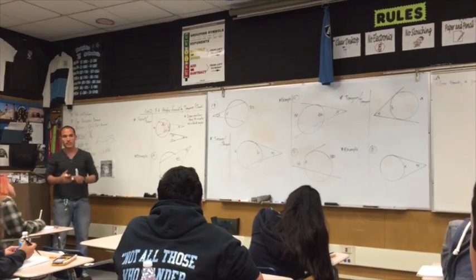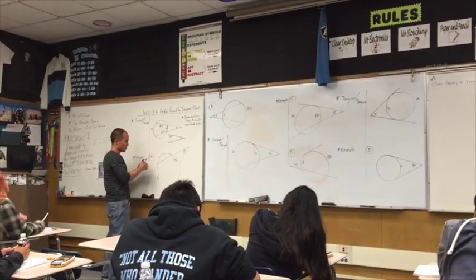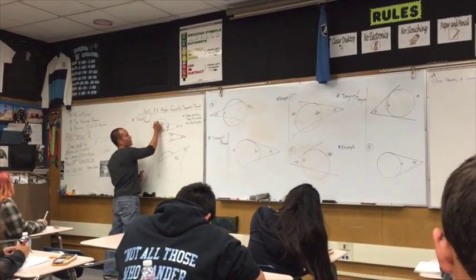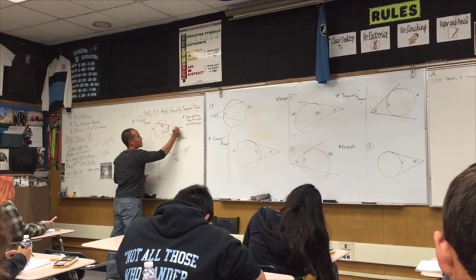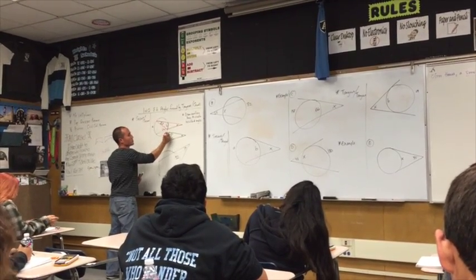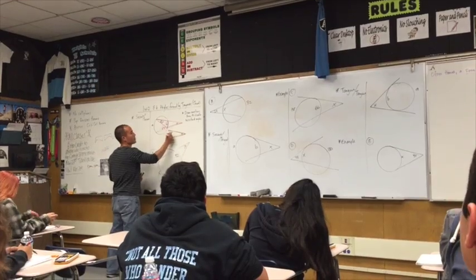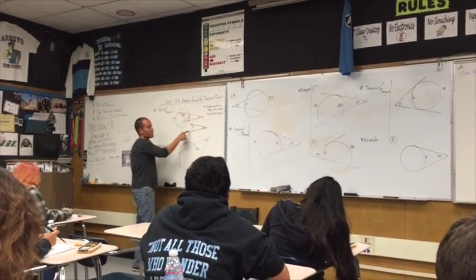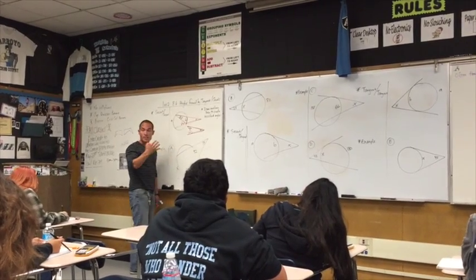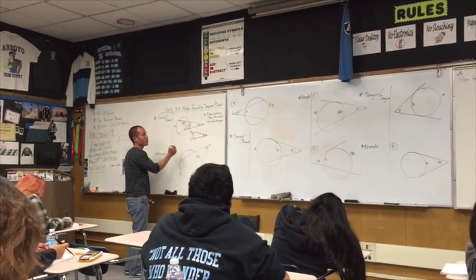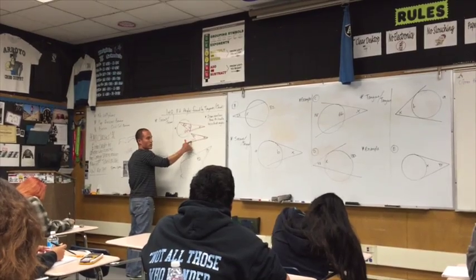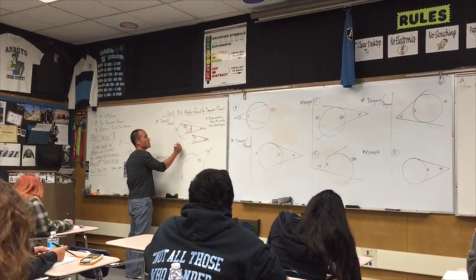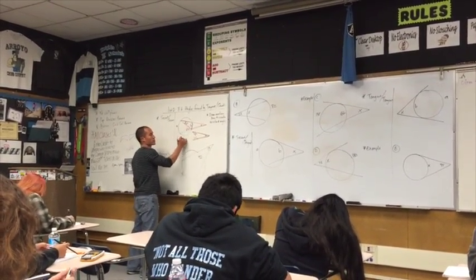I'm looking at this triangle right here. This is an exterior angle to this triangle. So if I use that theorem, then I can say that this angle, 1/2 of A, equals the sum of these two angles.